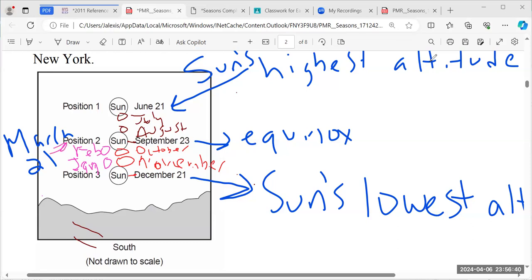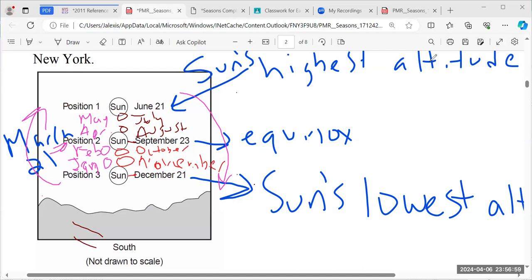Then it goes to April, and then May, and the highest is in June again. The cycle repeats itself over and over again.